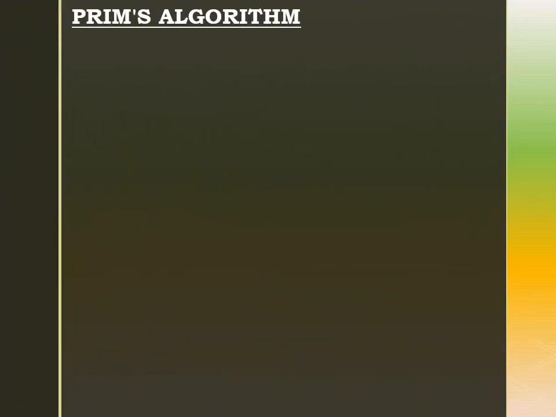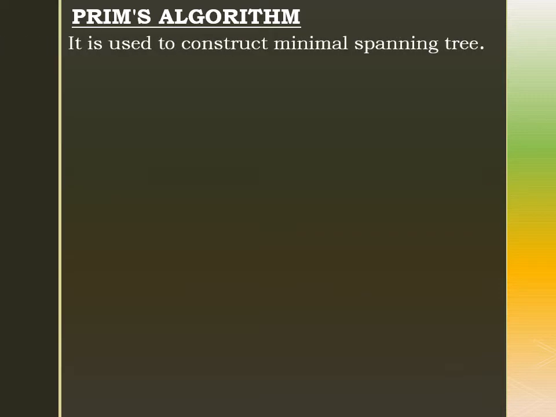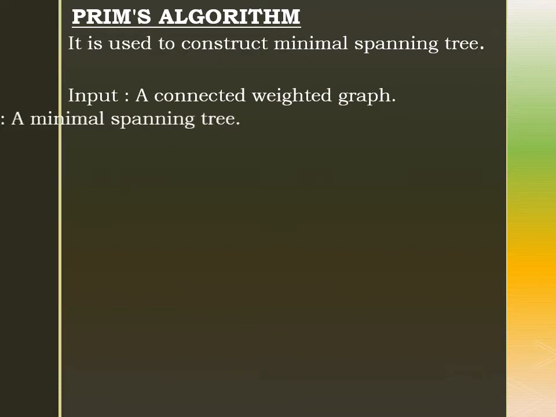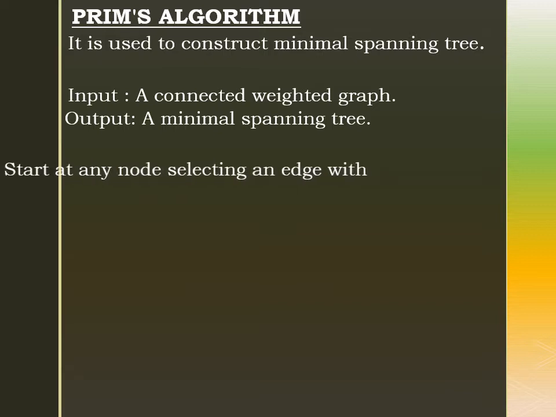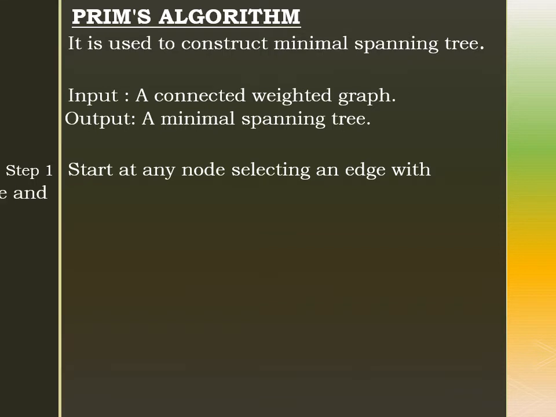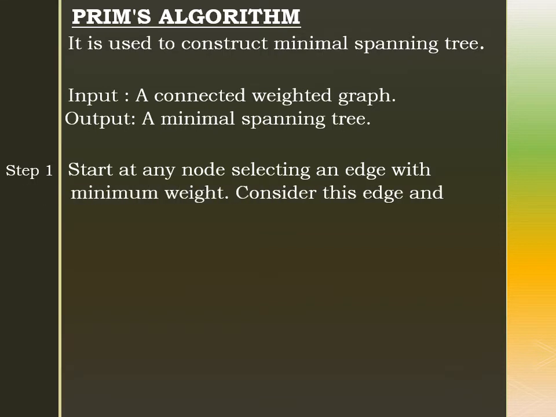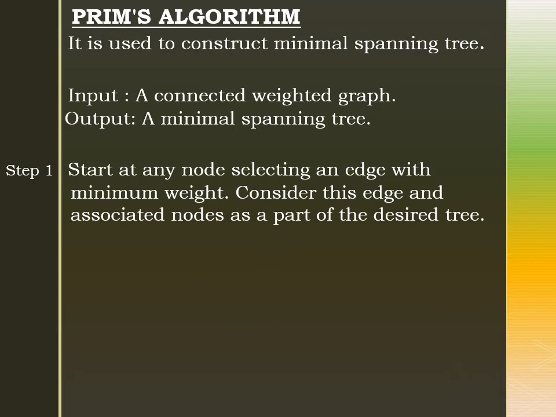In Prim's algorithm, we can obtain a minimal spanning tree where the input is the undirected connected weighted graph and the output is the minimal spanning tree. The algorithm starts with any vertex and selects an edge with minimum weight, considering the edge and the associated vertex as part of the desired tree.